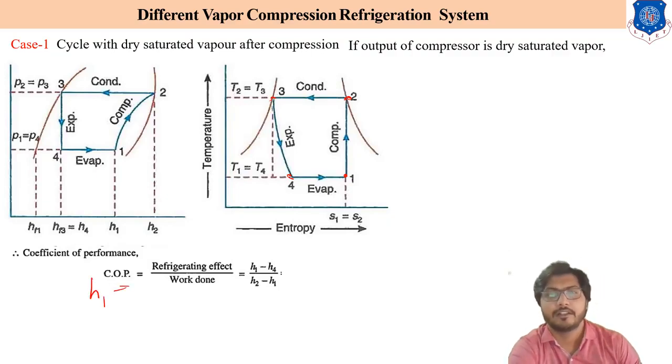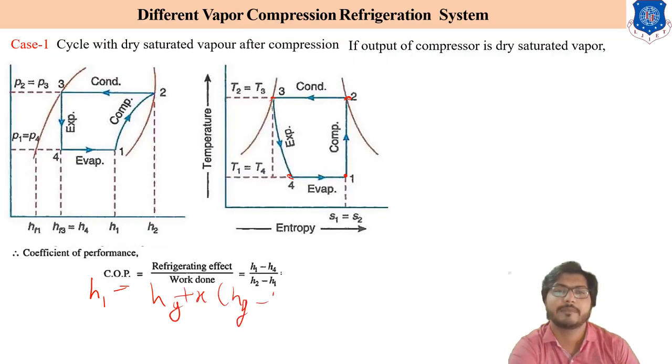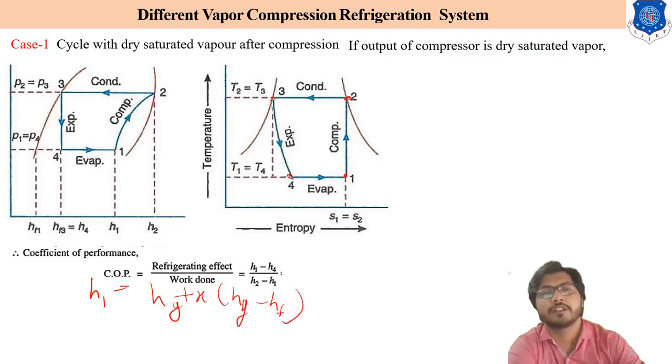Enthalpy at point 1 is equal to Hf plus dryness fraction times (Hg minus Hf). This is the formula for calculating the enthalpy at point 1.